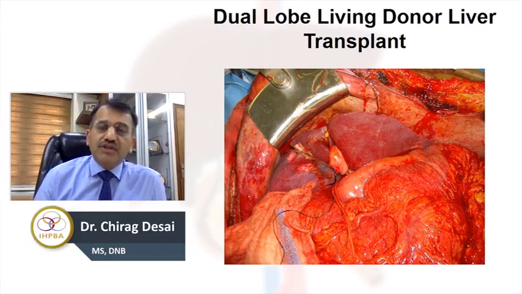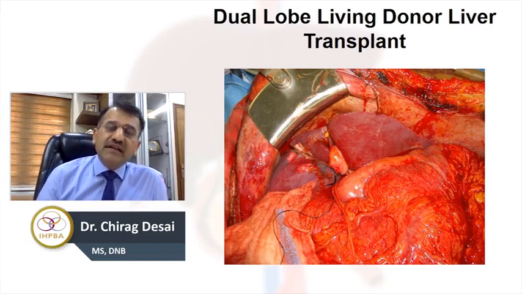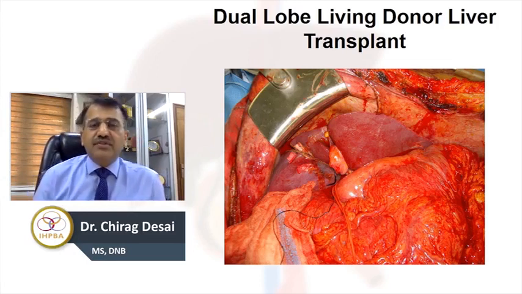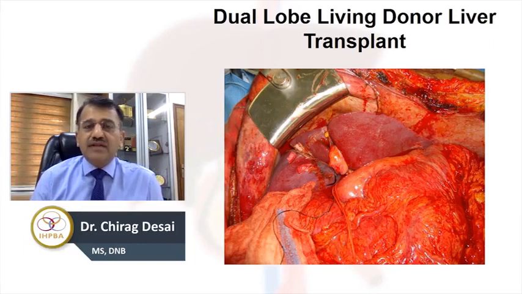However, two such donors from the family can give small portions of their liver, and both these small portions together can suffice the need of the large recipient of the family. And this is how the donor pool can be expanded in living donor liver transplant.